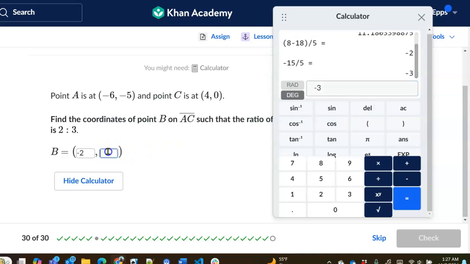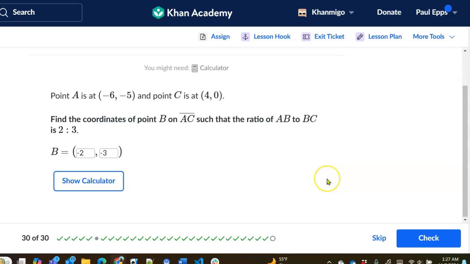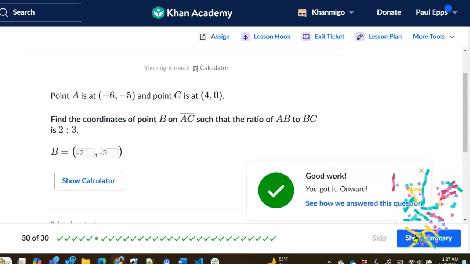Negative 3. All right. And that should do it.